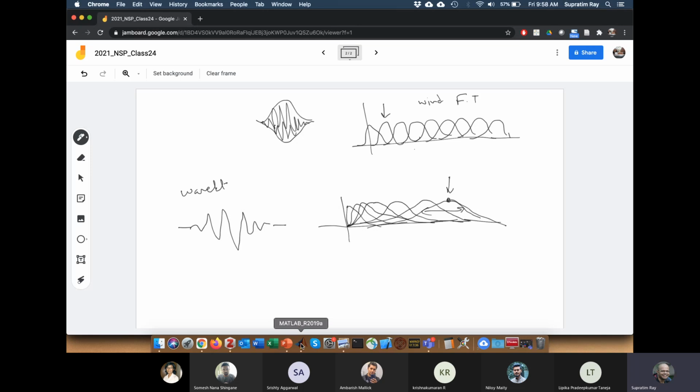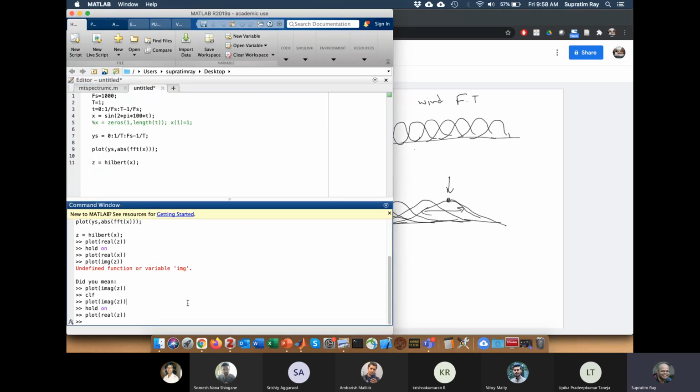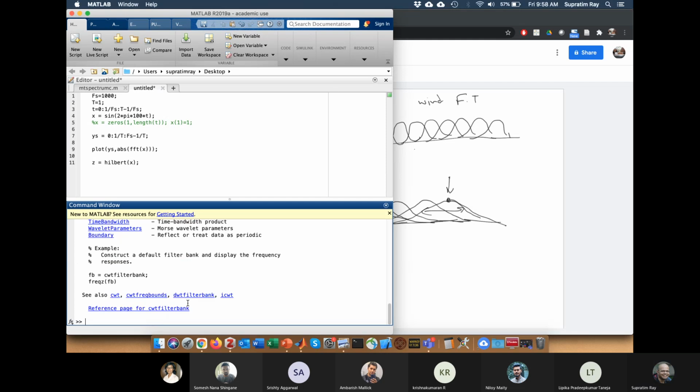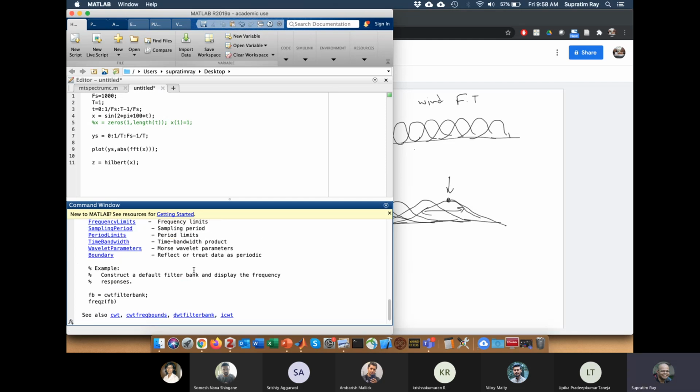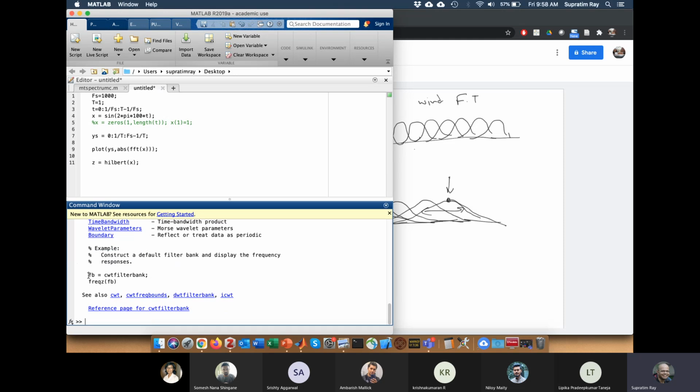In fact, in MATLAB, you could actually just do this. So help wavelet CWT continuous wavelet transform filter bank. Construct a default filter bank and display the frequencies. So let me just run this program.